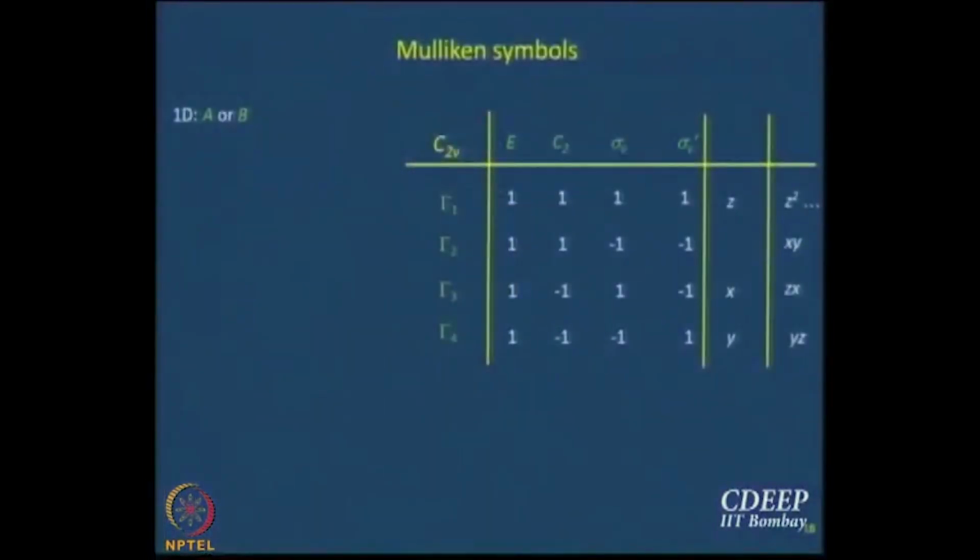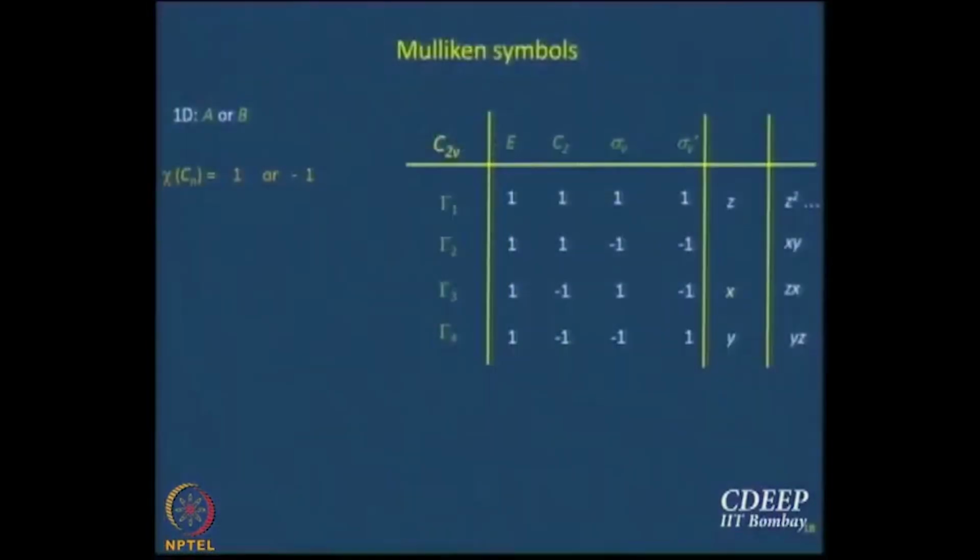Mehak, you with me? From where? Assignment of A and B. Okay. So, believe me when I say that if it is one dimensional, we will call it either A or B, but that you better believe. Now, what I am saying is this: to determine whether an irreducible representation is A or B, what we do is we look up the character table and see what is the character for the principal axis of rotation.